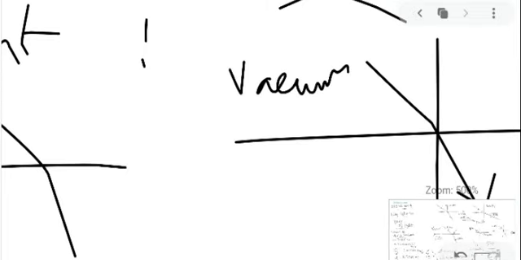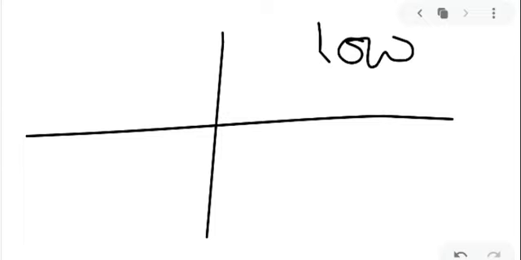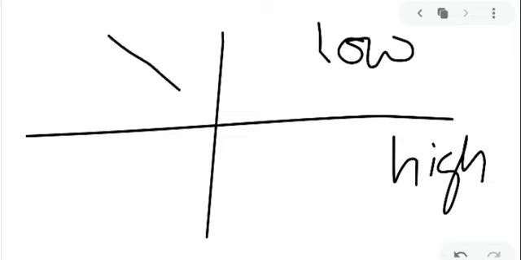And in cases where the light travels from a medium where its speed is low to a medium where the speed is high, the ray bends away from the normal.